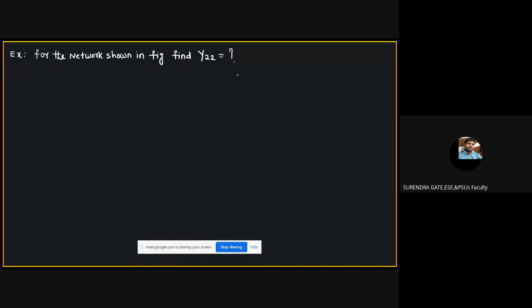Yeah, this is the given network. For this network, you want to find y22. This is 1 Henry. This is 2 ohms. This is 1 farad. And this is 5 ohms. You find the y22 of the network.